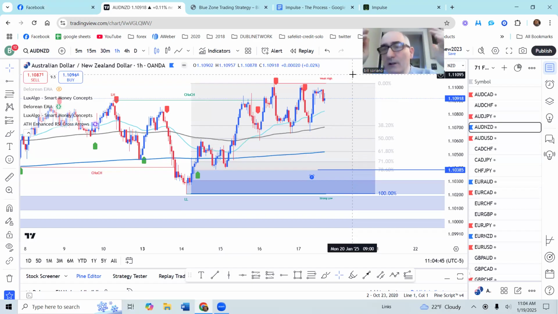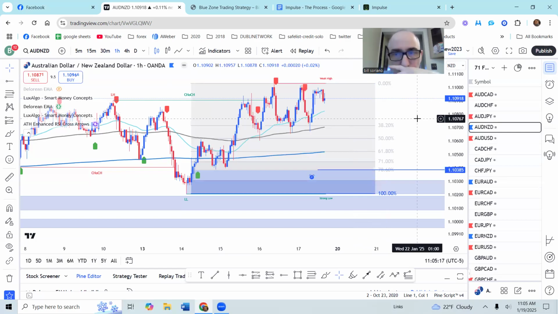It does move, but what I've found is a lot of times it will start to move in the direction you want it to move or you think it's going to move, and then it will reverse a lot of times until you get closer to the London Open. And then during that London Open and that New York session, it will make a strong move in the direction that you predicted, right? But during the Asian session, I don't get the same oomph out of the strategy.